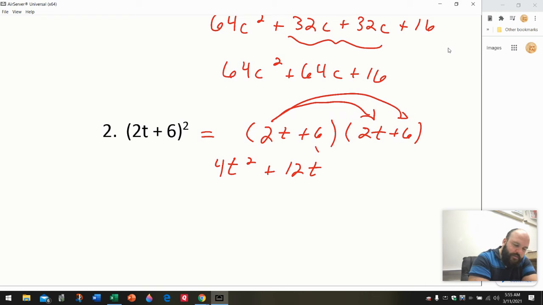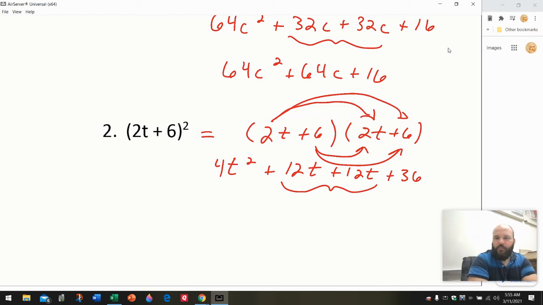Then we have 6 times 2t, which gives me another 12t, and then 6 times 6, which is 36. Now, following FOILing it out, getting everything multiplied out, we will combine our like terms, 12t and 12t. So we get 4t squared plus 24t plus 36. And there's our final answer.